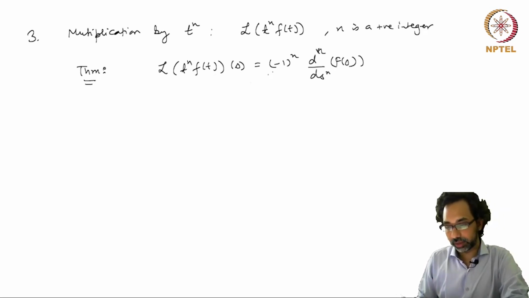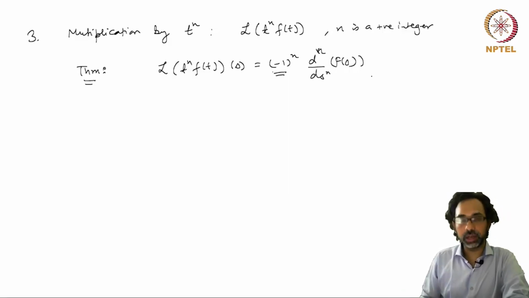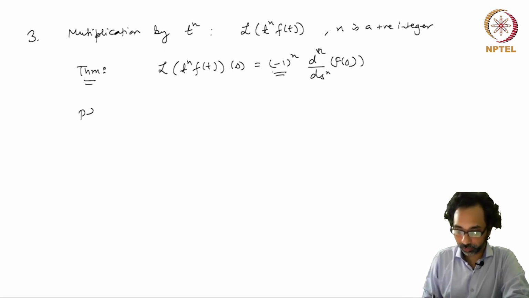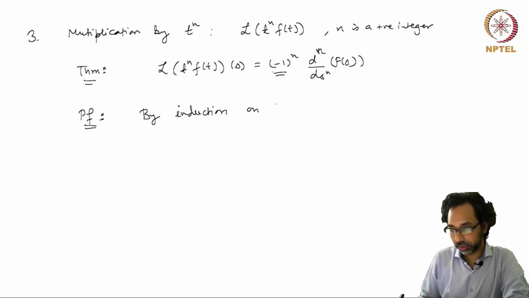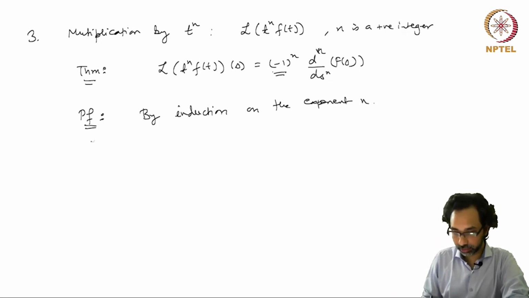If n equals 1, we have already seen that this is true, because you will only have minus 1 and the derivative of F(s), and one can generalize this using an induction technique. So the proof is by induction on the exponent n, and I will leave this as an exercise for you.